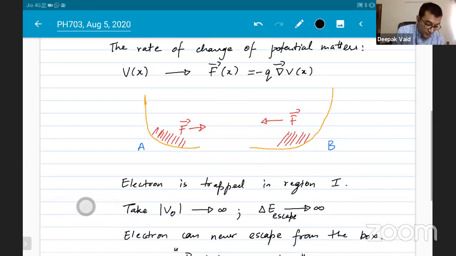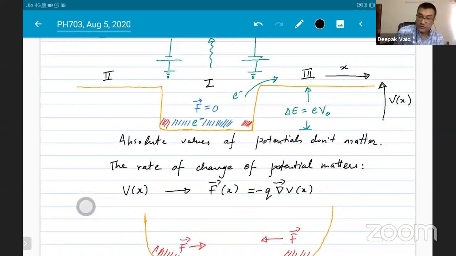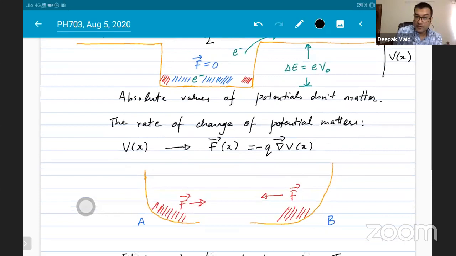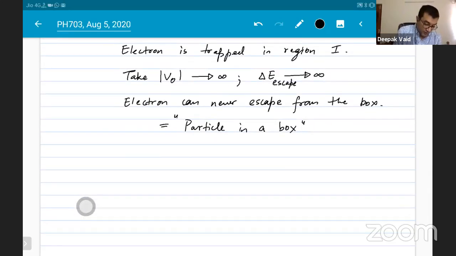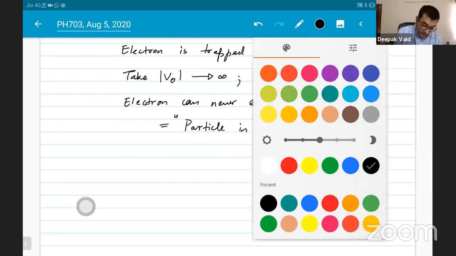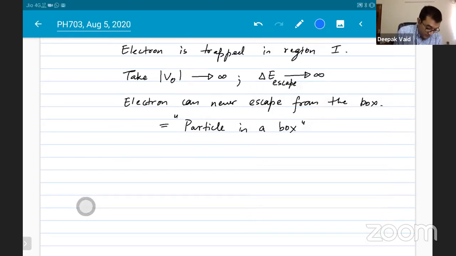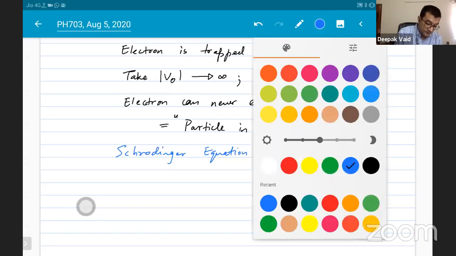So we use the Schrodinger equation to describe the behavior of this electron, right? Now, what is the Schrodinger equation?